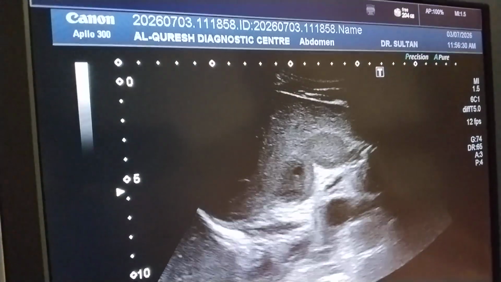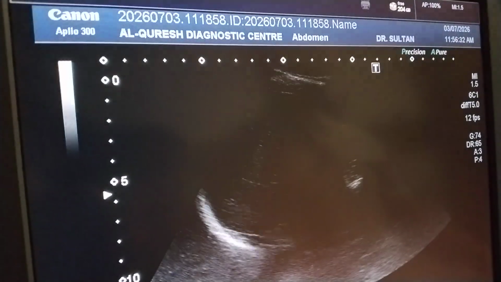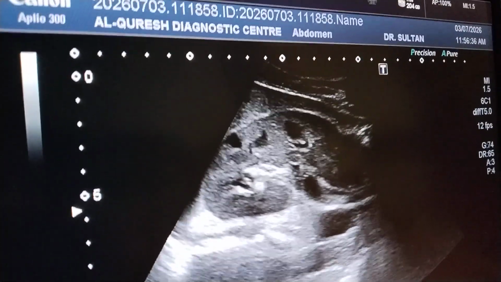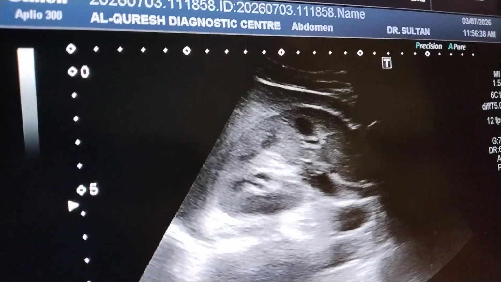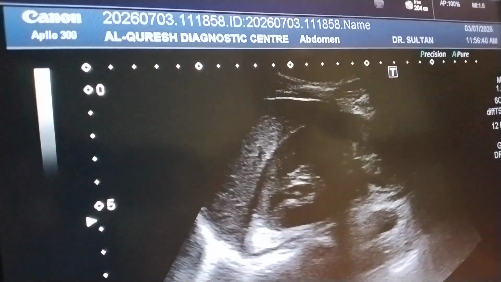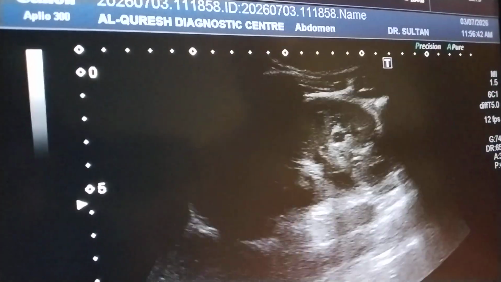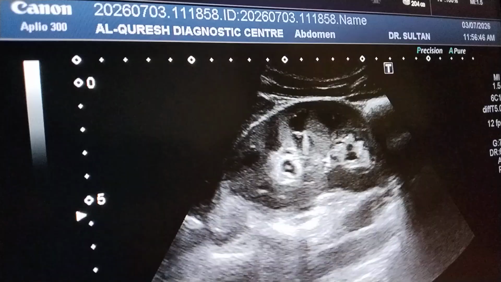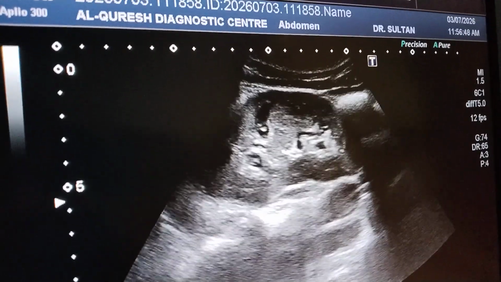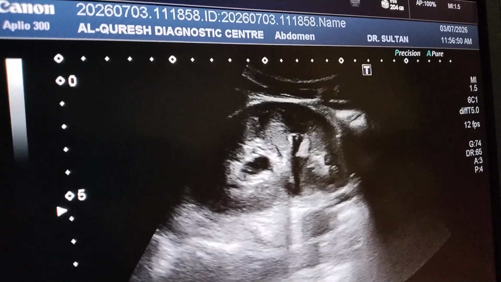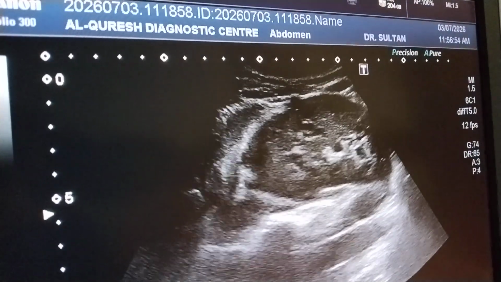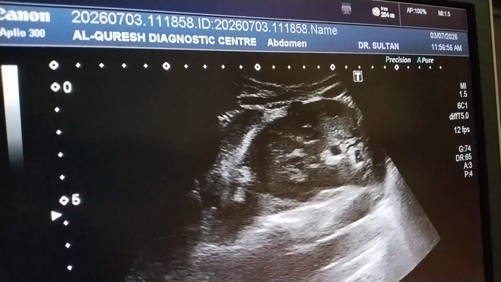These muscles contract rhythmically and propel the urine, transporting it from the kidney, from the renal pelvis, to the urinary bladder.